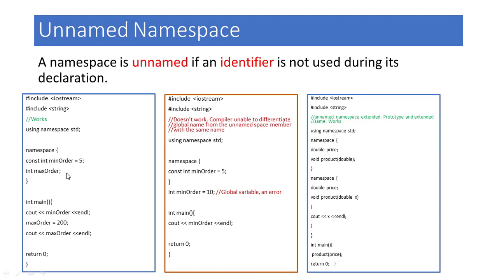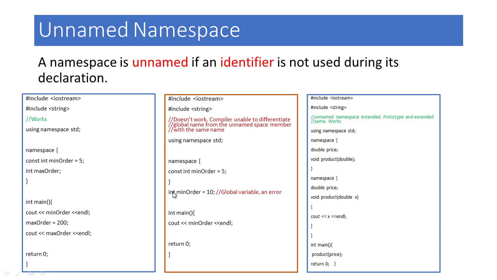Int mass_order, here int main, cout main_order endl, mass_order equals 200, cout mass_order endl. This one will work well. Why this one? It says include iostream, include string, using namespace std, namespace, const int main_order equals 5.